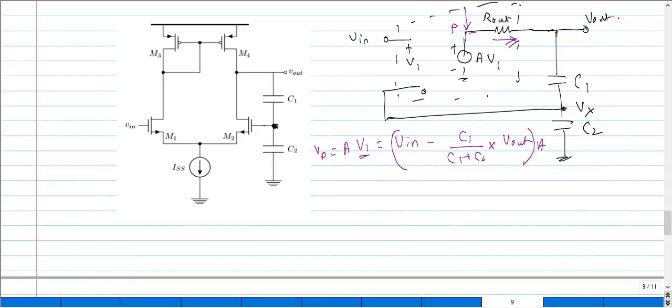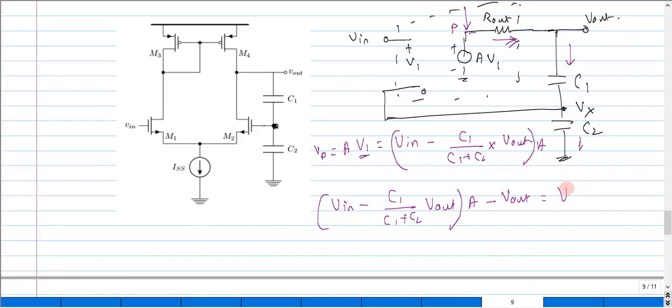This current can be written as Vp minus Vout, which is the gain times C1 over C1 plus C2 Vout minus the Vout term. This current obviously has to flow across these two capacitors, right? So what would be that quantity?